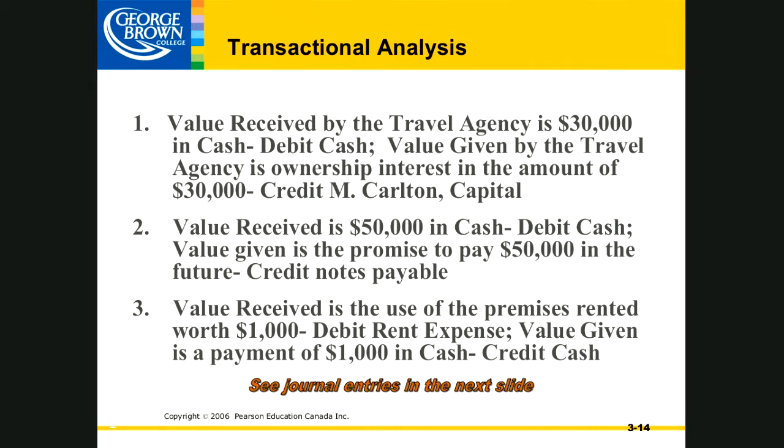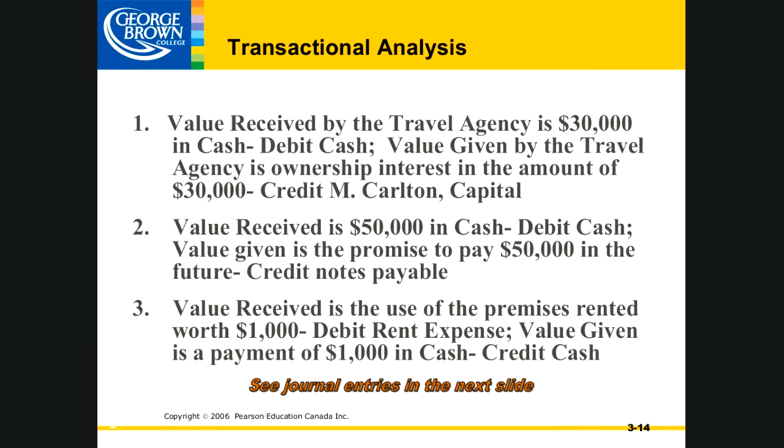Value was given from the travel agency to Mr. Carlton in the form of ownership interest in the travel agency. Because he bought into the travel agency with $30,000, he now has a $30,000 ownership in, or capital in, the business. So Mr. Carlton's capital, which is owner's equity or shareholders' equity, is an equity account, and the amount of equity is increasing. We credit Mr. Carlton's capital account.